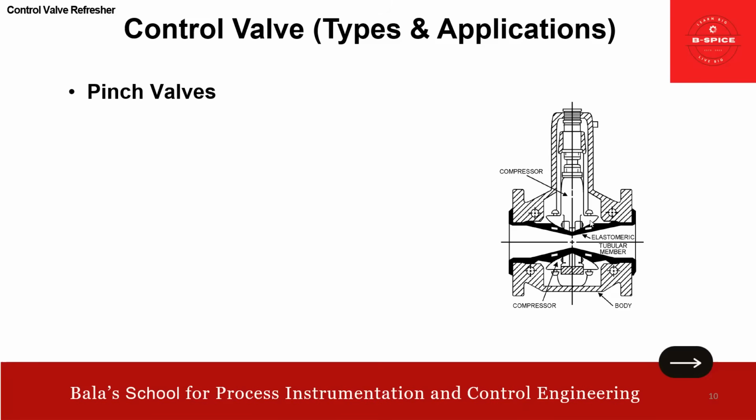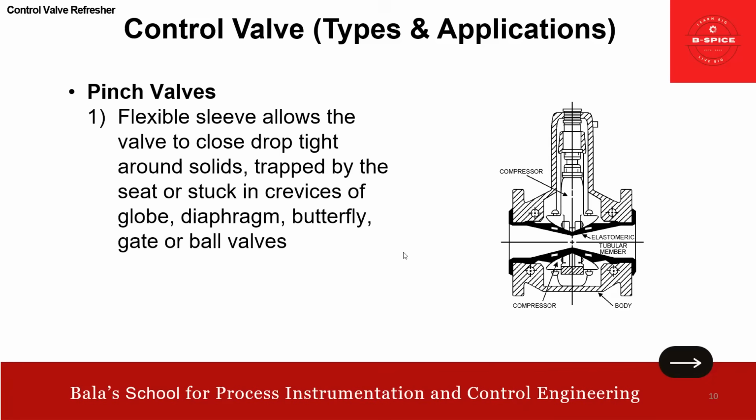Okay, friends. So the rubber sleeve in a pinch valve has the capability to trap the particles around it, thereby providing an excellent shut-off. So this is the typical functionality of the pinch valve. Basically, the flexible sleeve allows the valve to close drop tight around the solids trapped by the seat or stuck in the crevices of a globe, diaphragm, butterfly, gate, or ball valve.